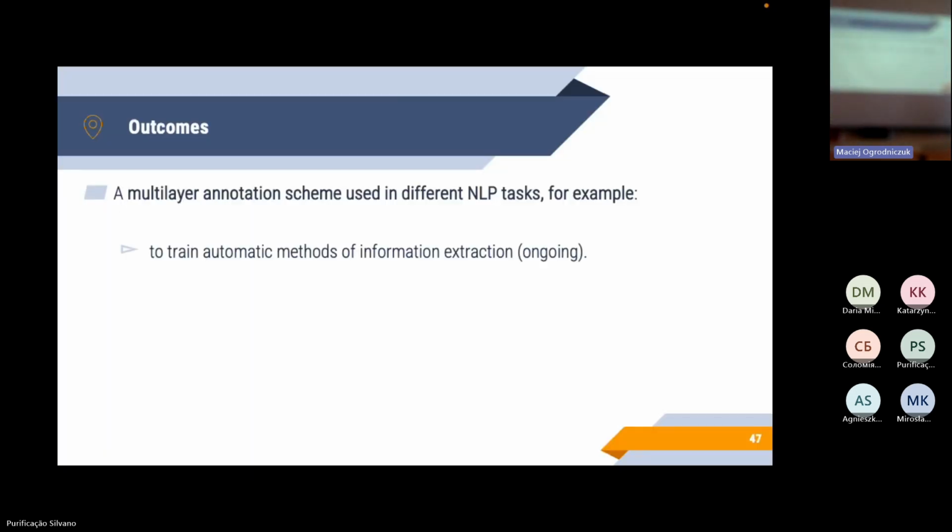And last, this multi-layer annotation scheme, and in particular our dataset, has been used to develop different experiments regarding NLP tasks. Now we are in the process of training a model to automatically identify events, participants, and discourse relations.